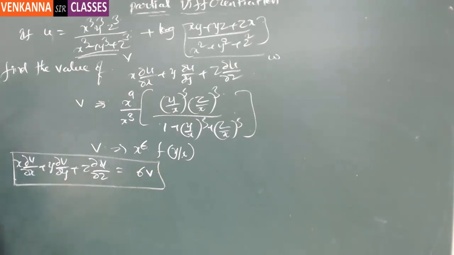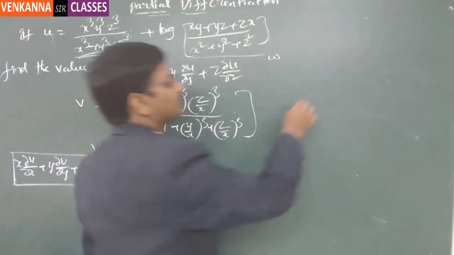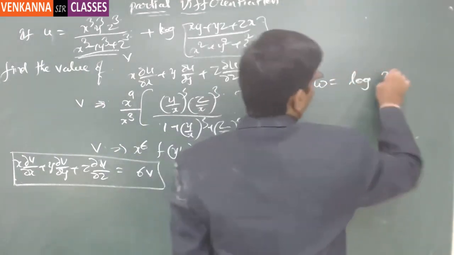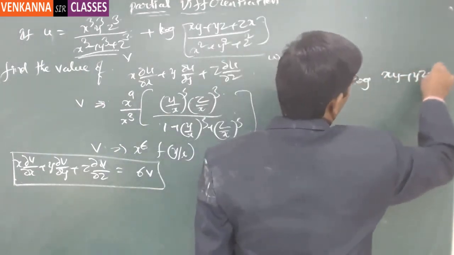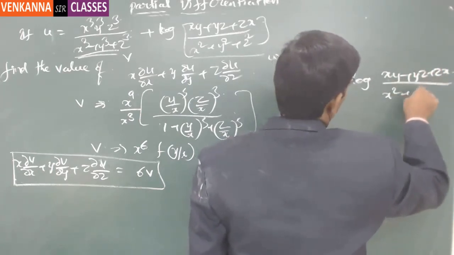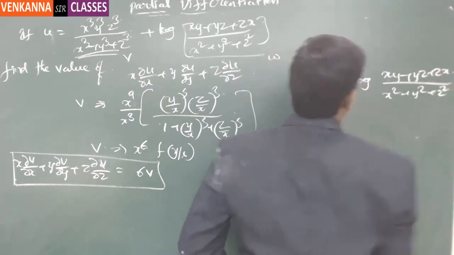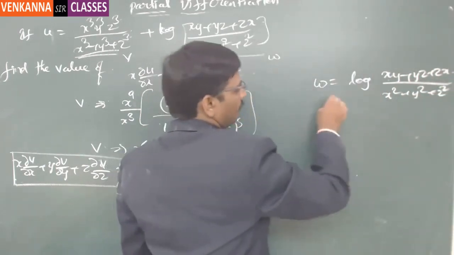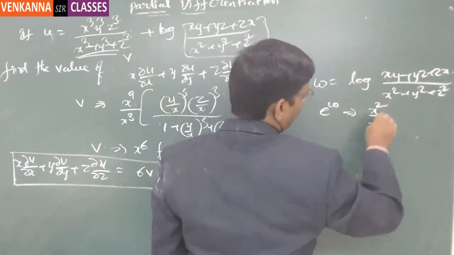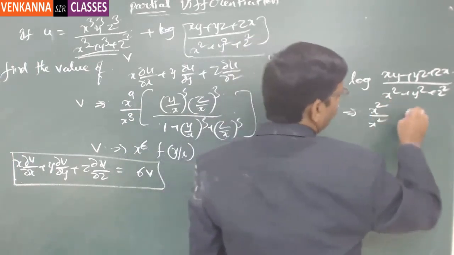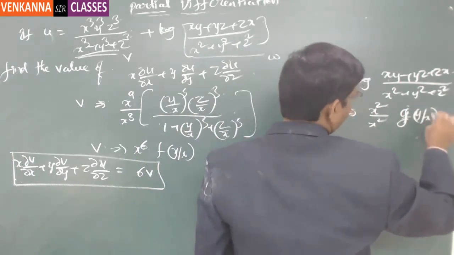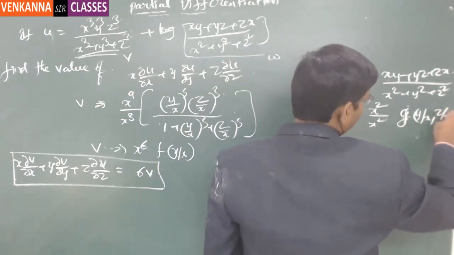And the second part, I call this W. W is equal to log of xy plus yz plus zx divided by x square plus y square plus z square. Now you can take e power w is equal to x power 2 divided by x power 2 into g of y by x comma z by x format.